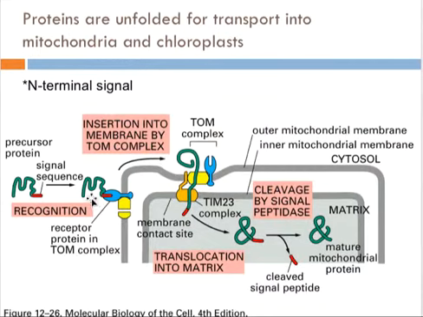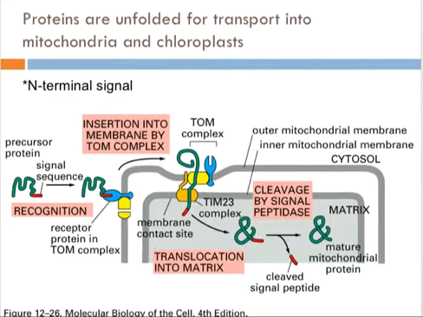When TOM binds this protein, it begins to laterally diffuse through this outer membrane. So remember that this is a phospholipid bilayer and we have lateral diffusion. It's going to diffuse, sort of dragging this protein with it along the outer membrane until it comes in contact with what's called a TIM, which is shown in orange here.